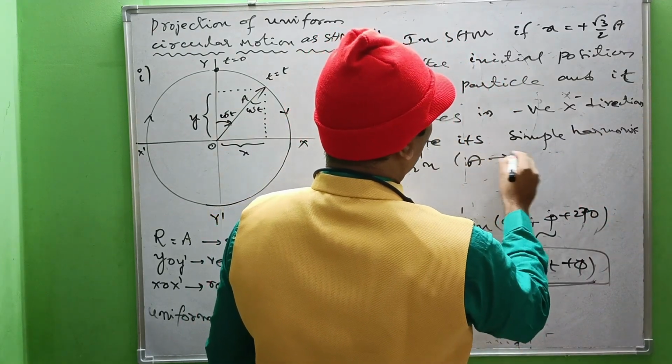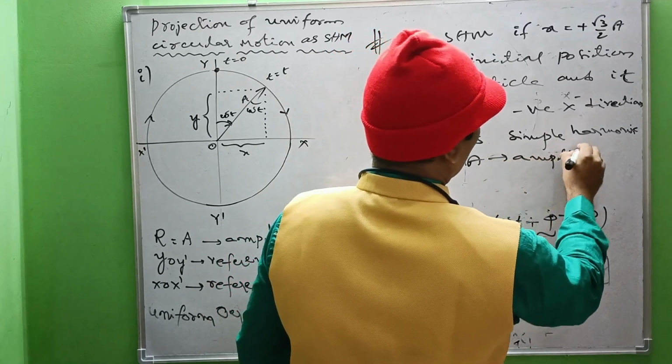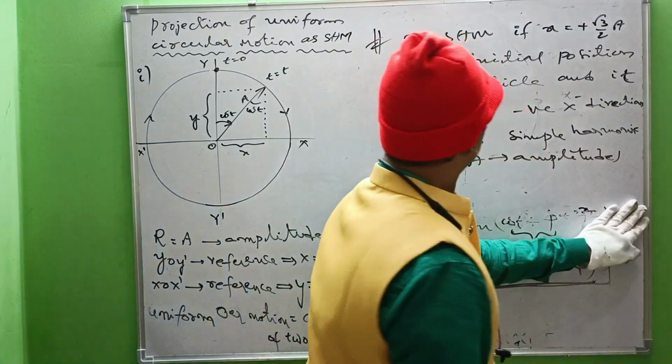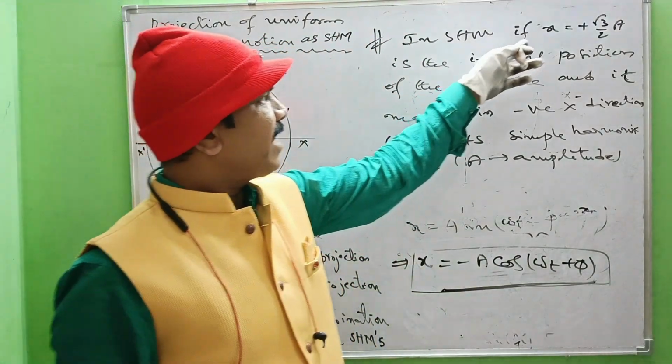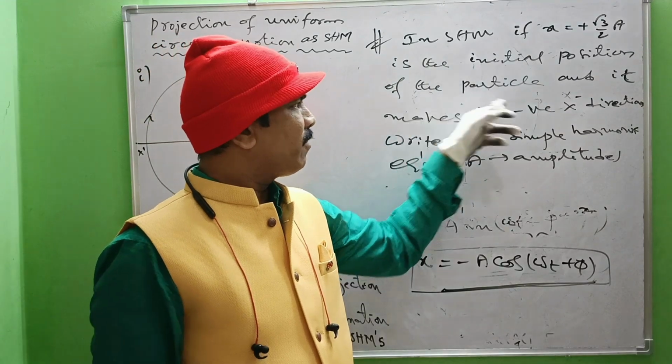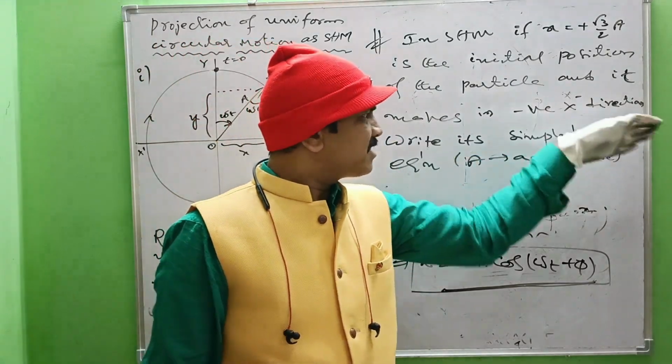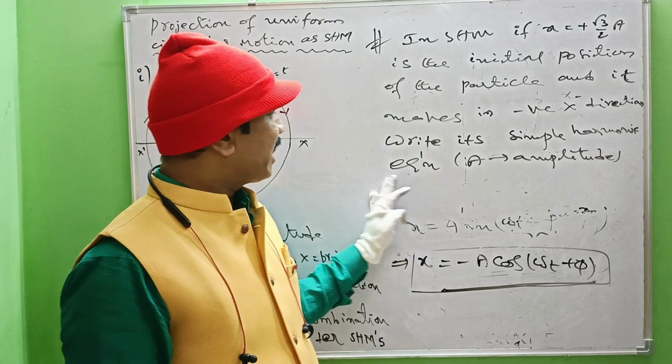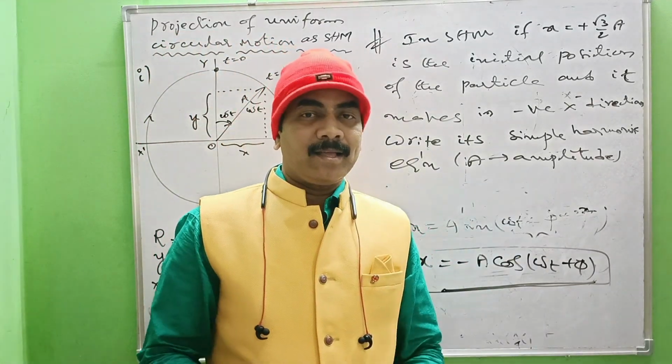Here A means the amplitude of oscillation. See here, in SHM, if x equal to plus root 3 by 2 a is the initial position of the particle and it moves in the negative x direction, write its simple harmonic equation by taking a as the amplitude.